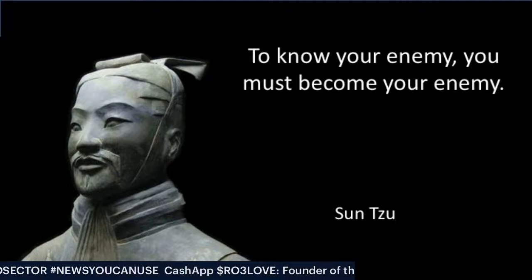Because the North Node and the South Node are the points of the moon, the North and the South, right? So the South Node will tell you where you came from. North Node is going to tell you where you're going.